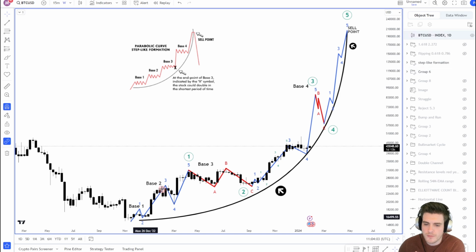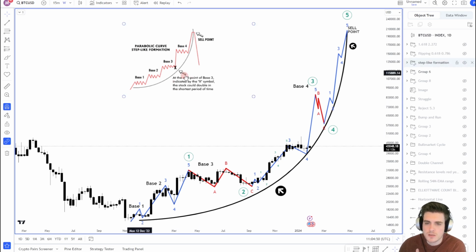So first we have 5 waves up here since the bottom, then a sideways correction ABC, and currently we have this 1 encircled, 2 encircled, then we are on the way to the 3 encircled, and most often the third wave is larger than the first wave. So that's why I'm expecting first a pump to about an all-time high, then a correction to test the previous all-time highs, and then a final blow-off wave to 200k before the halving in April this year.